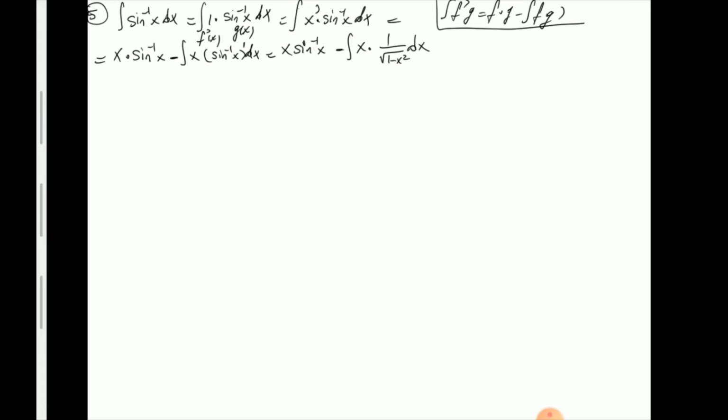So it may look like we get something more painful than before, but it's not really the end of the world. It's not really that bad, because if you look carefully, this is actually now suitable for a u substitution. So sometimes there's still work to be done, but you still see the light at the end of the tunnel, so to speak. Now we need to handle this second integral, and the only way to handle it is via a u substitution.